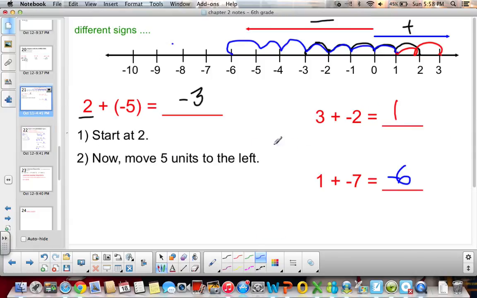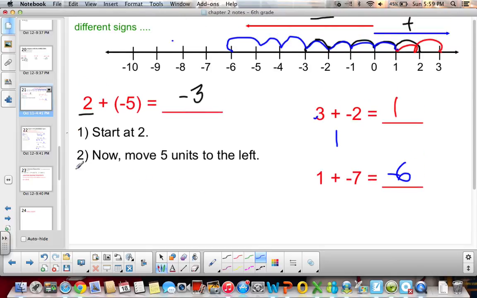And if we go back to our number line that we used, I know that 3 minus 2 is 1, 3 is greater, and it's positive, so I keep it +1. 1 plus -7, 7 minus 1 is 6. 7 is greater and it's negative, so we have -6.